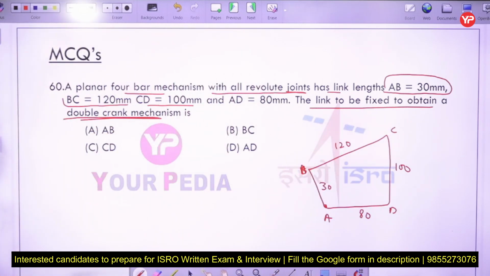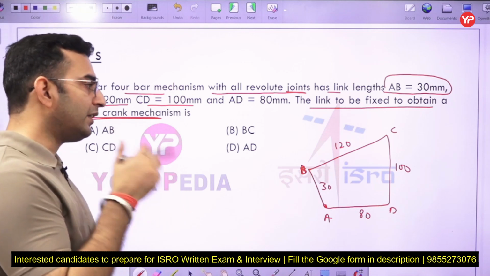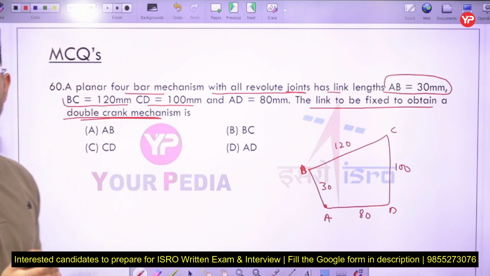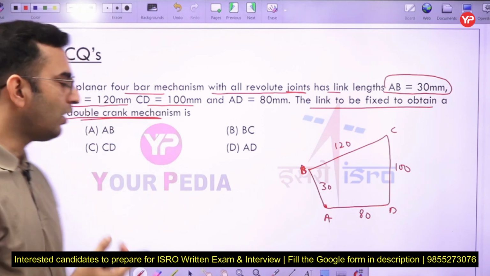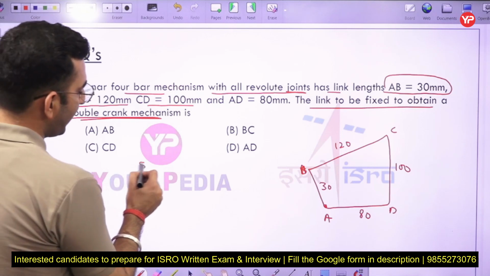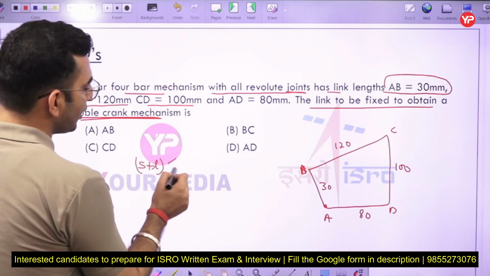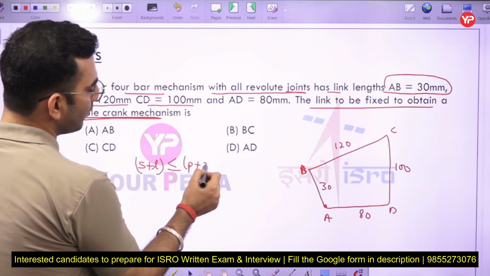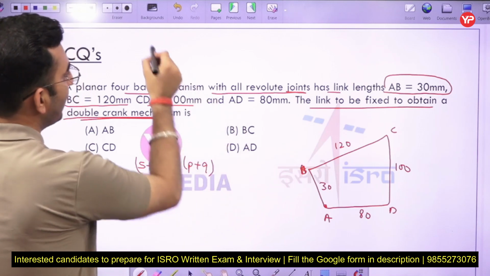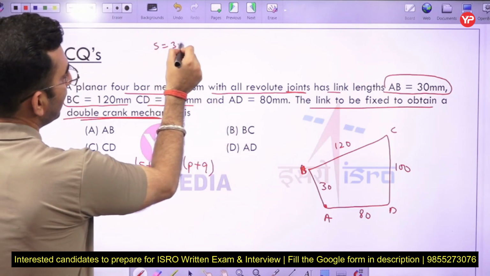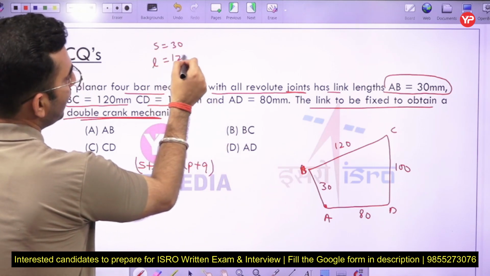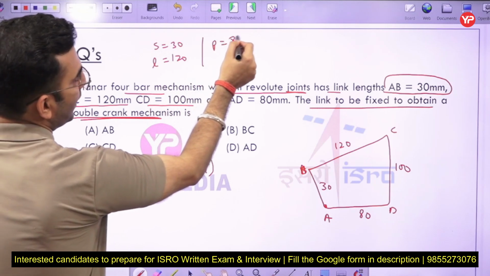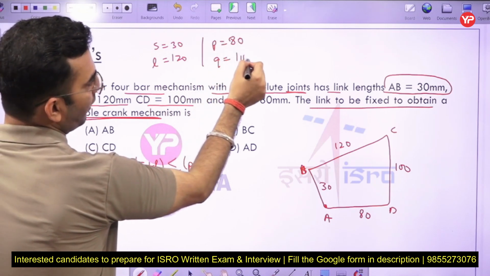First of all, in this case we have to check the Grashof law condition. What is Grashof law? It is S plus L less than or equal to P plus Q. According to the diagram, S is equal to 30, L is equal to 120, P is equal to 80, and Q is equal to 100.